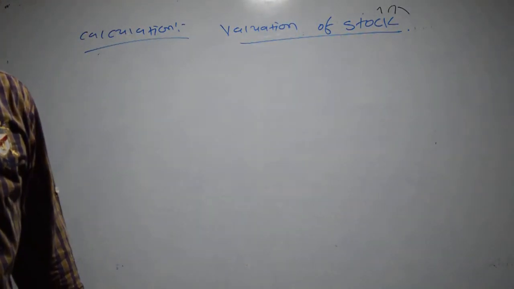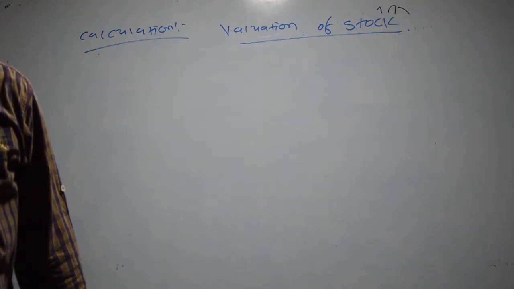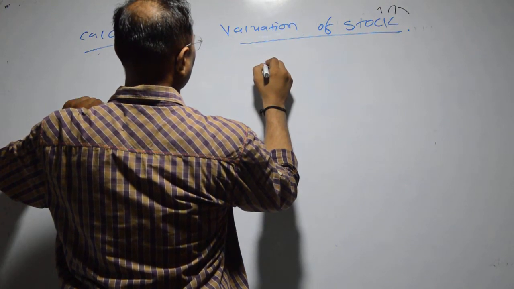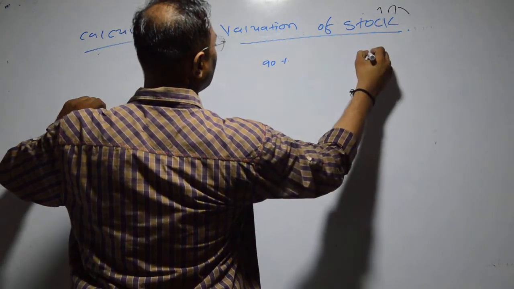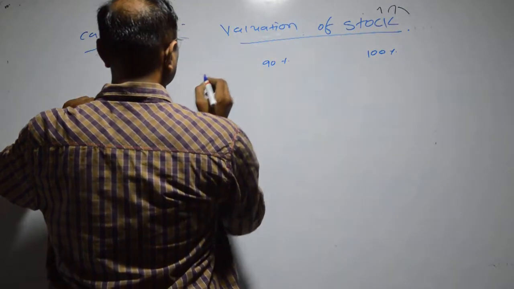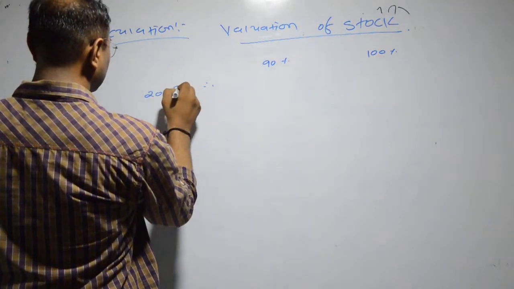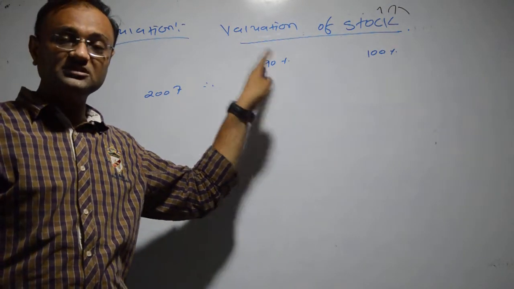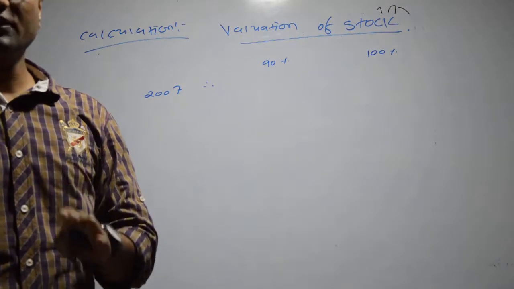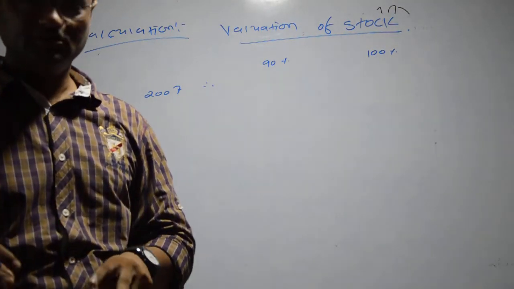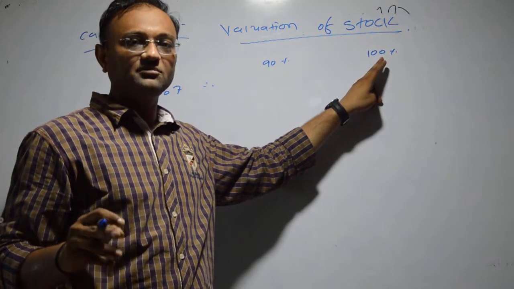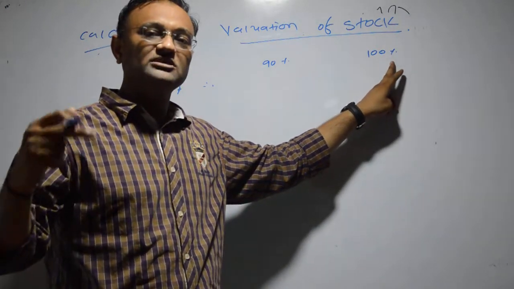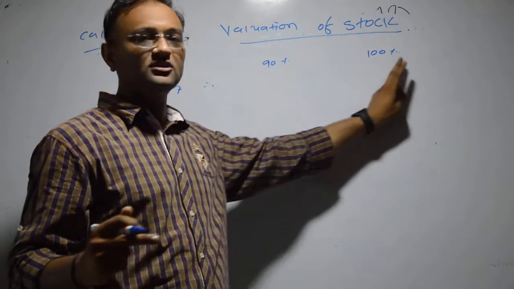Let us consider the opening stock of 2007, 90% and 100%. I have taken 90% because there is an instruction that the cost price is 10% less. The actual cost is normal price, 100%, but here it is 10% less, so we have to convert from 90% to 100%.